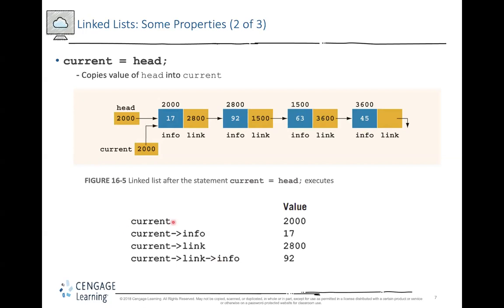If you start with current at the head, it has the same value as the head pointer. And then you may access the info field, 17. Then if you access the link, which is 2800, that points to the second node. The value of that pointer is 2800. And then you may access the info of that node, which is 92.